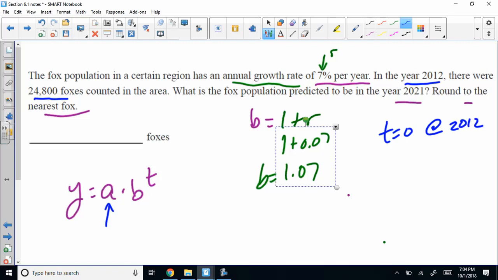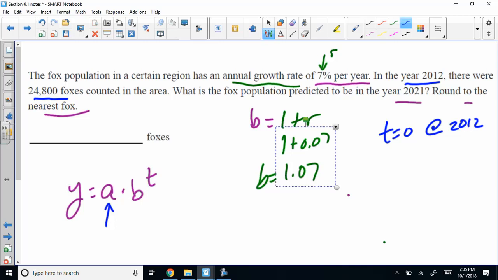So 2013 would be 1, 2014 would be 2, 2015 would be 3, so forth and so on, right? We're not going to be entering 2021 as an X value. This is not going to happen. We're going to reset the clock, and because we have to have an initial value, right? And since they told us at 2012 there were that many foxes, we can say, okay, starting now, going forward.